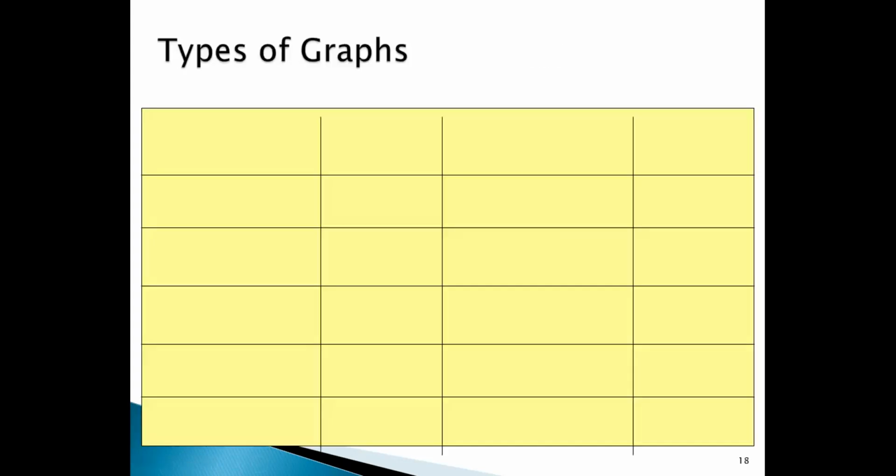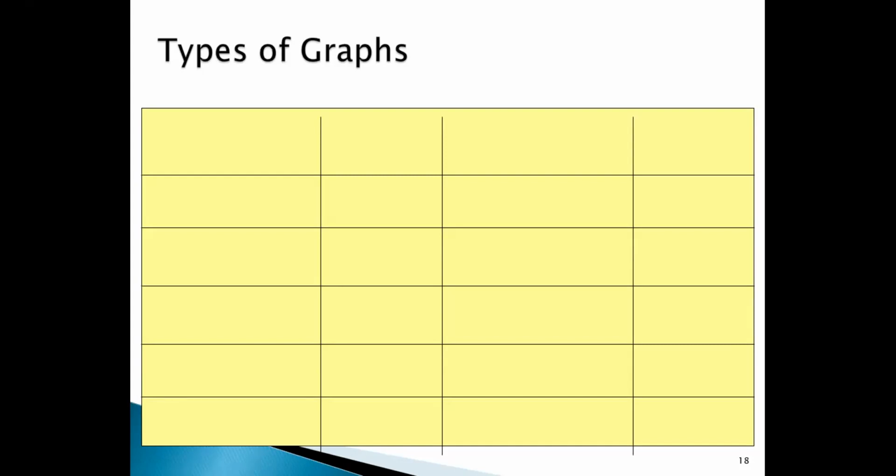Now, can you tell me how many types of graph there are? Mainly two types, directed and undirected. Okay, then undirected, how many types? Simple graph, multigraph, pseudograph.